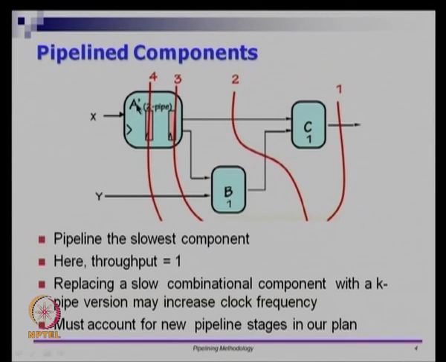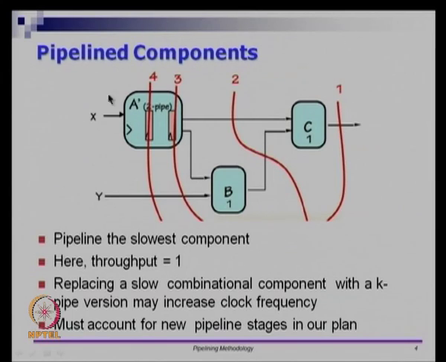Then there is this path A dash which takes input from X, and this circuit A dash produces something which is stored in this flip flop. Then there is A double dash, which takes this input and places the output here. If that happens, then from X through A dash within one time unit I can reach this flip flop, within another time unit I can reach the next flip flop, and going from here to here will take 2 time units.